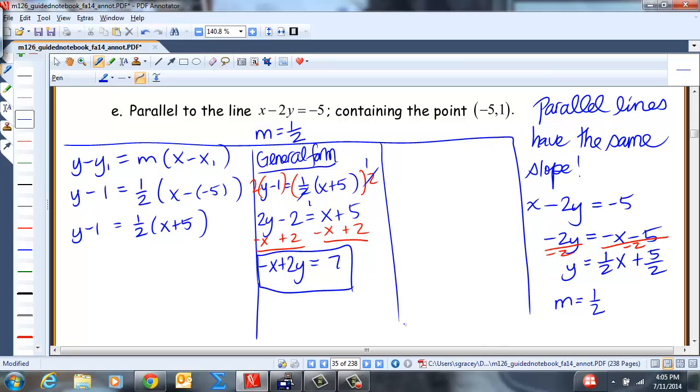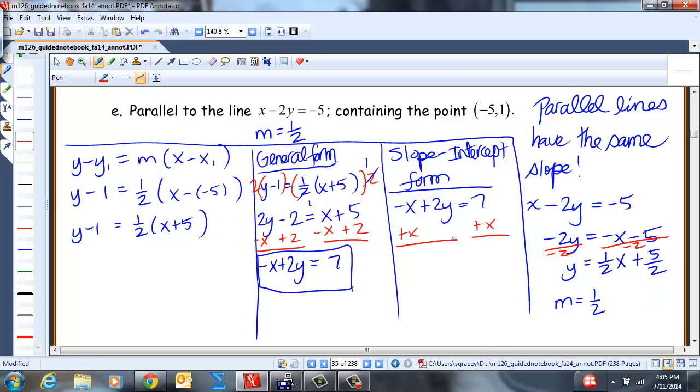So now the slope-intercept form. We will just take our result from our general form and add x to both sides, and we will have 2y is x plus 7.